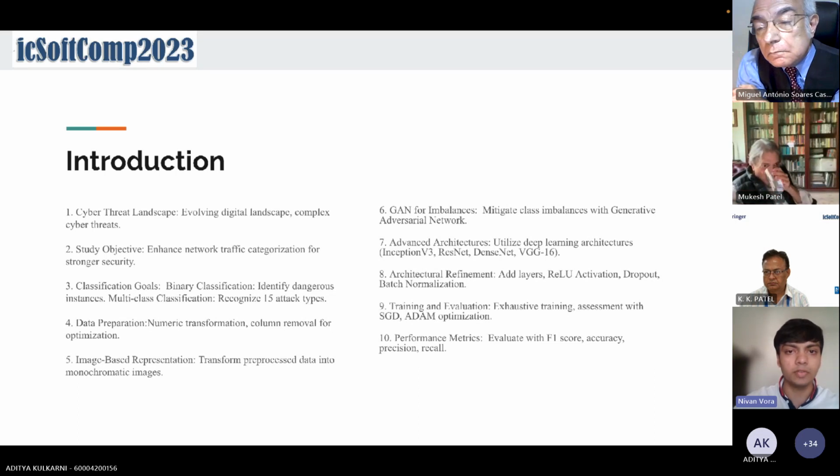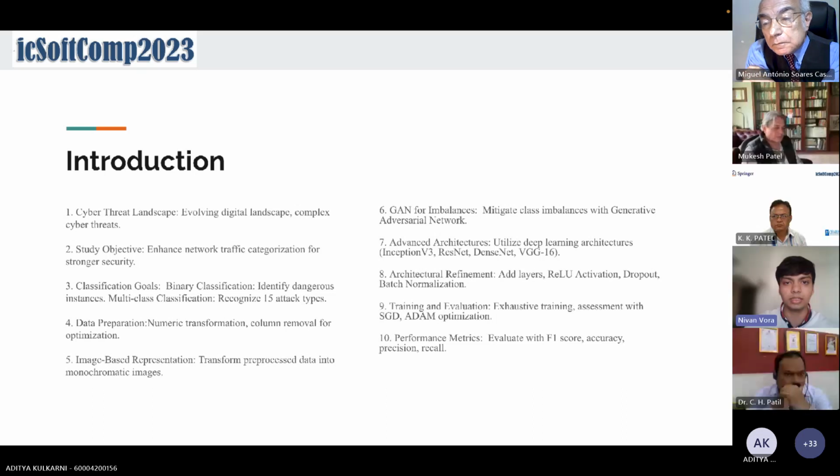So what our work does is that we propose three major things. We classify the network traffic data into a visual representation, and we synthesize this visual representation using GAN-enhanced data augmentation. Then we have two levels of classification using advanced image classification techniques like DenseNet and ResNet.